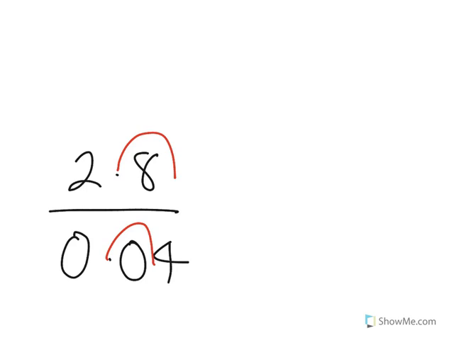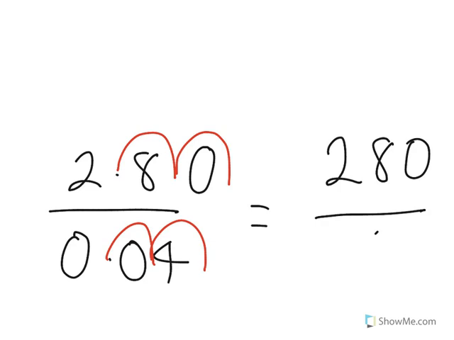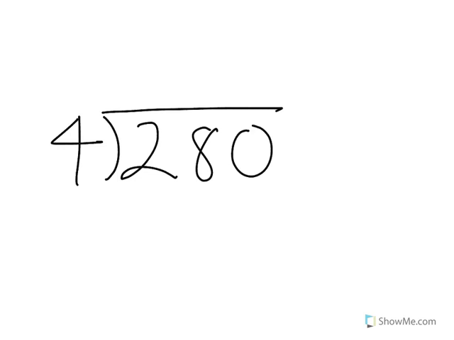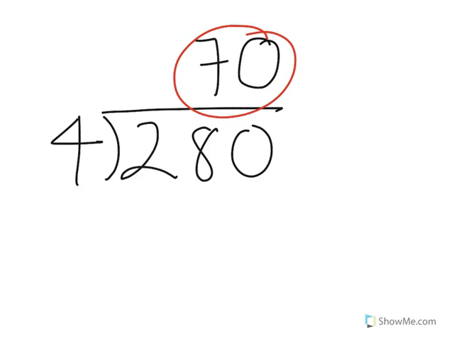I would like to move it 1 more spot that way and 1 more spot that way. Now there is no number here, so what can I do? I can add a 0. Once I've moved the decimal point 2 spots for both the top and the bottom, it is 280 over 4, which is 280 divided by 4. And here's our division. We have here 28 divided by 4, which is 7, with 0 remainders. And so the answer is simply 70.